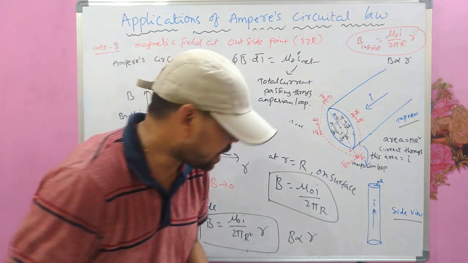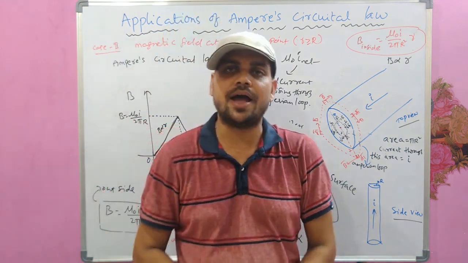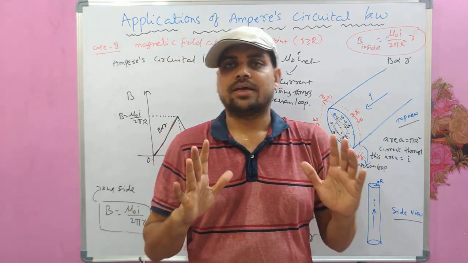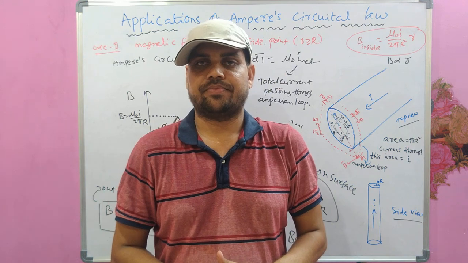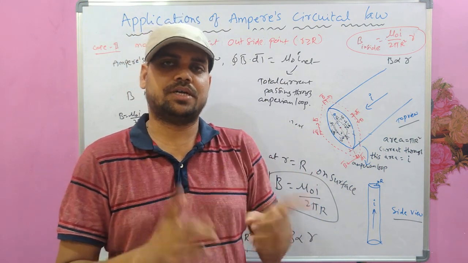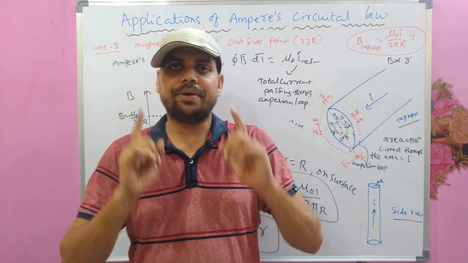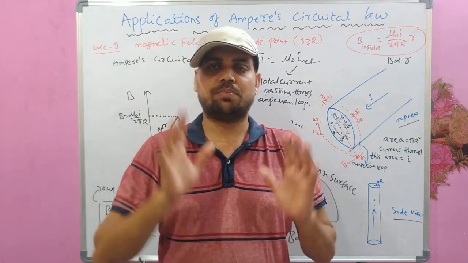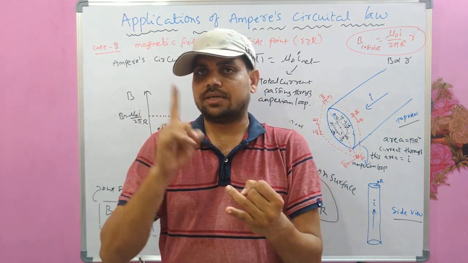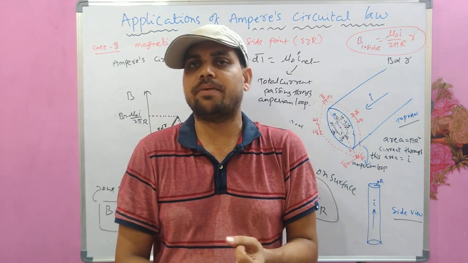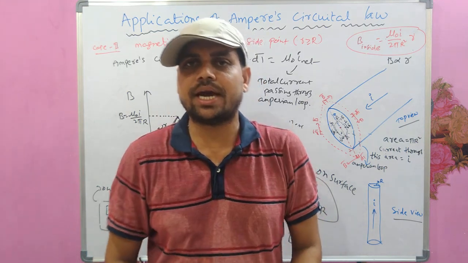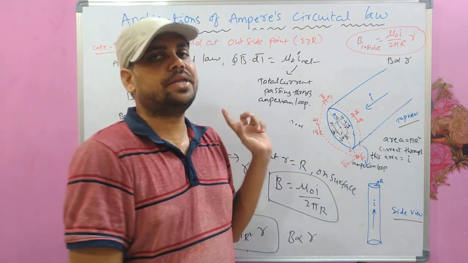Okay, so this is how we use Ampere's circuital law for calculating magnetic field due to current carrying conductors. The basic thing you have to observe is you have to draw Amperian loop first, which must pass through the point, and observe what is magnetic field on that loop and what is the direction of the magnetic field on that loop, and what is the total current passing through that Amperian loop, that is I net.